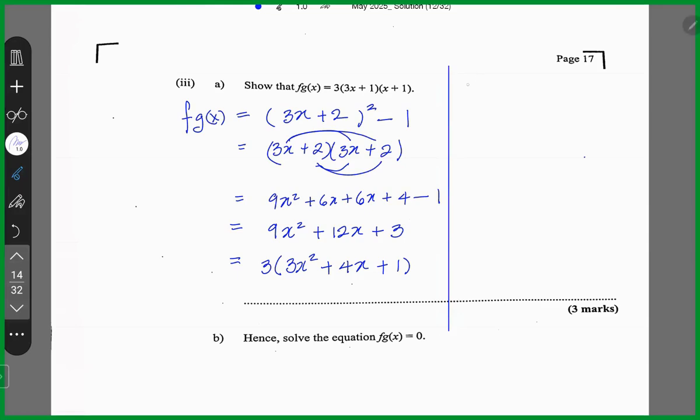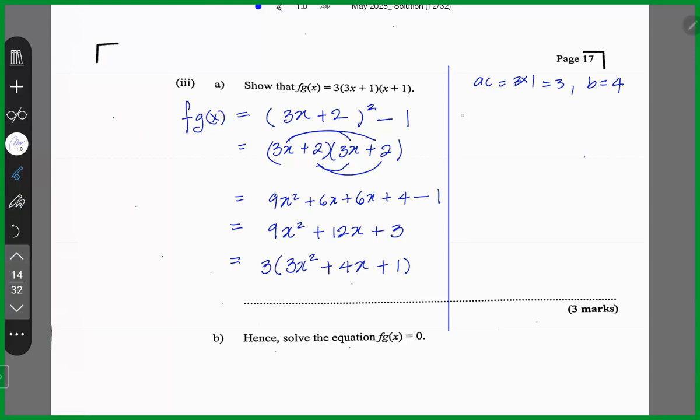Using the ABC method, AC is 3 times 1, which is 3, and B is 4. To factorize, I need two numbers. When I multiply them together, I get 3. And when I add them together, I get 4. Those two numbers are 3 and 1. 3 times 1 is 3, and 3 plus 1 is 4.